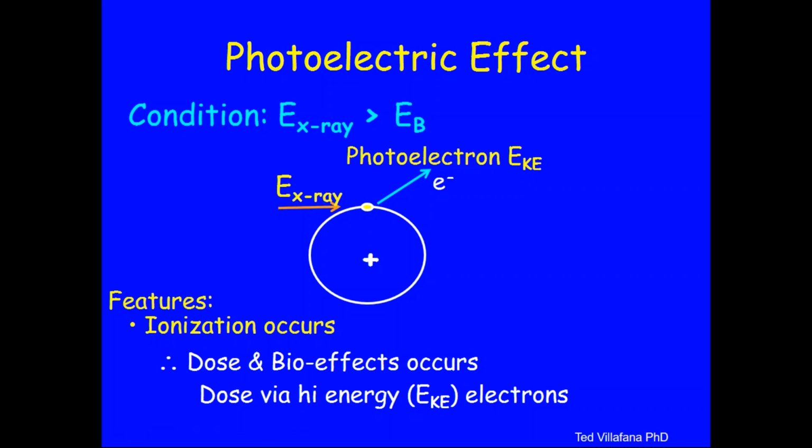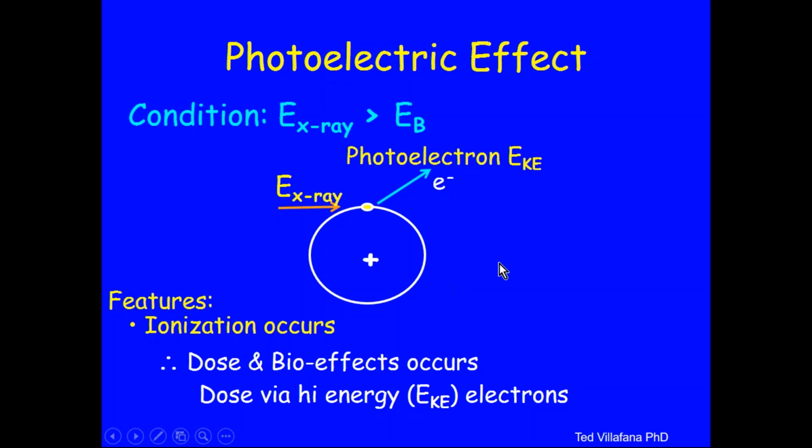All electrons, get that, all electrons, it doesn't matter how they are generated, always deposit all of their energy in the patient. They go nowhere. Electrons are non-penetrating. They will lose their energy and they will just go into patient dose.